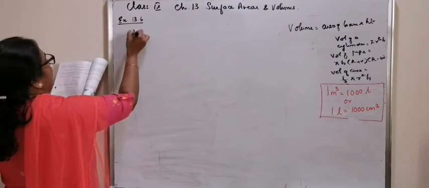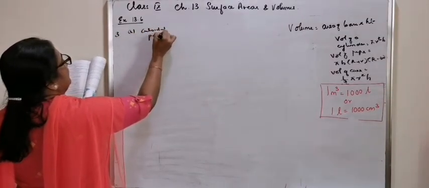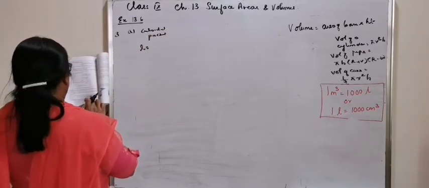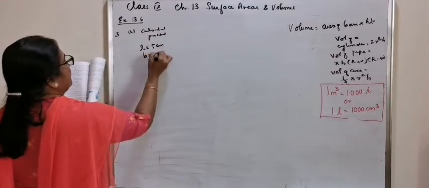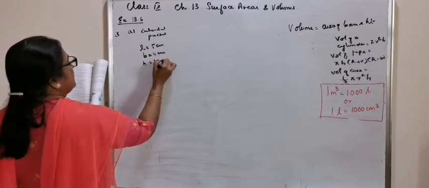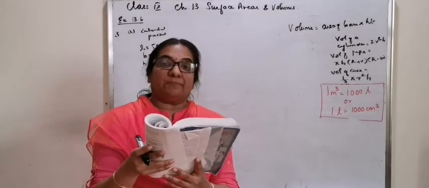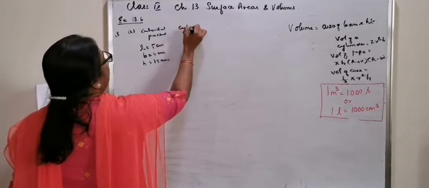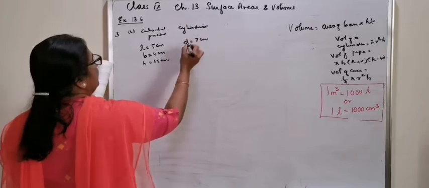The first type of packet is a cuboidal juice packet with a length of 5 cm, breadth 4 cm and height 15 cm, or a plastic cylinder with a circular base of diameter 7 cm, or a cylindrical can with a diameter of 7 cm.